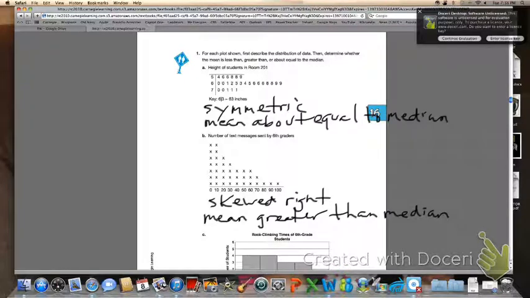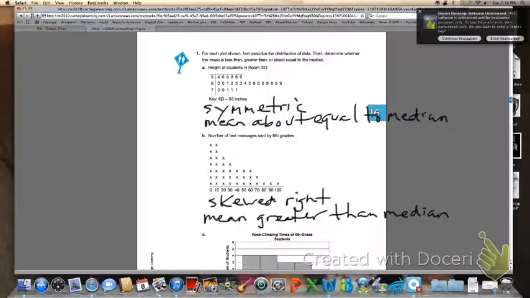If you take a look at letter A, the distribution for the stem and leaf plot would be symmetric, and that would mean that the mean is about equal to the median. For letter B, if you take a look at that dot plot, you can see the distribution of the data is skewed to the right. That would mean that the mean is greater than the median.